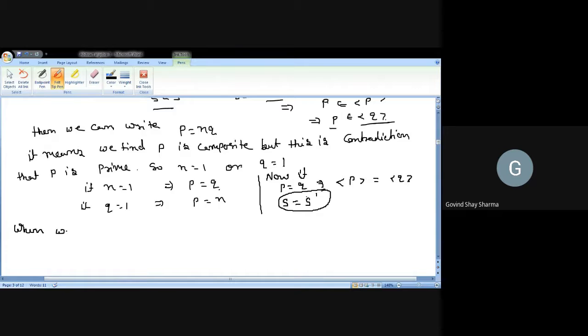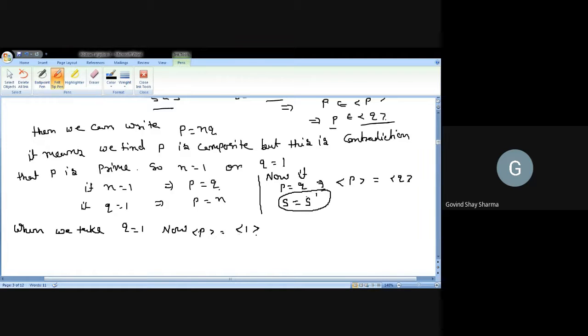When we take Q is equal to 1, and we know the set of integers is generated by 1.